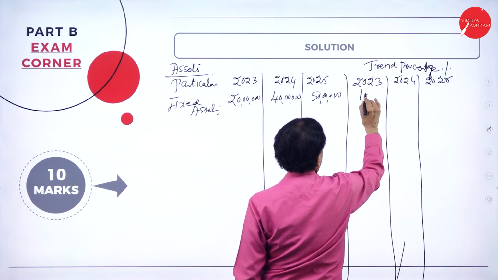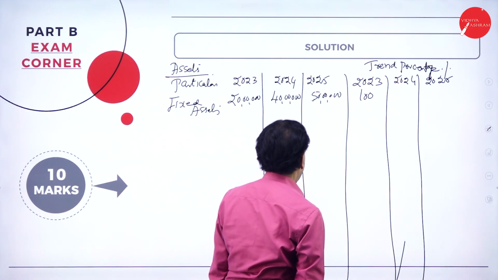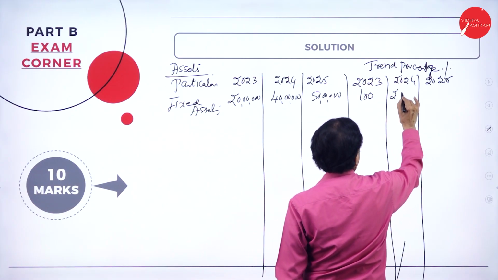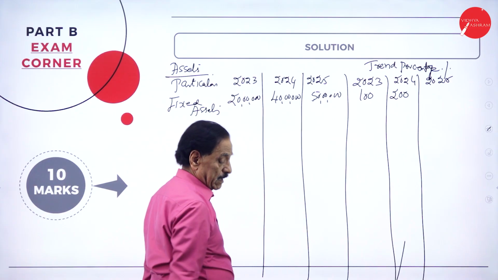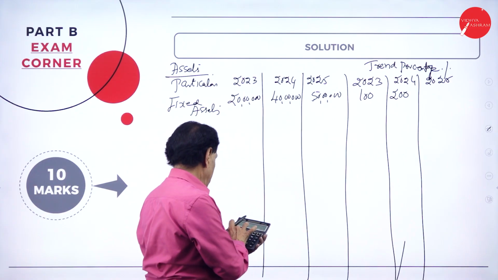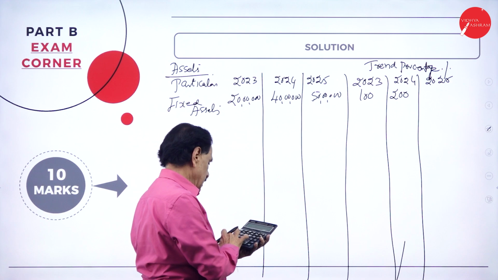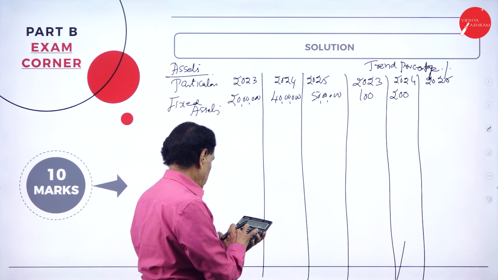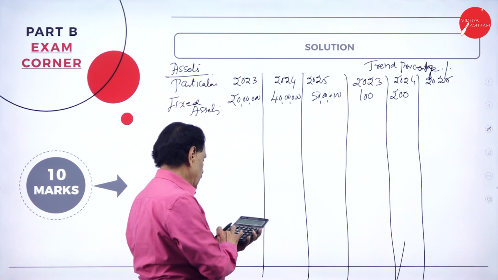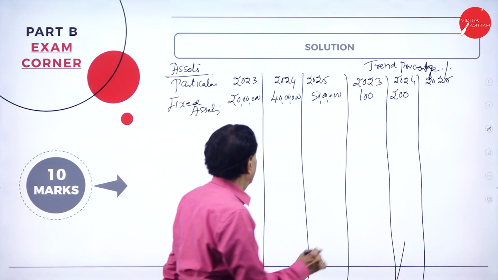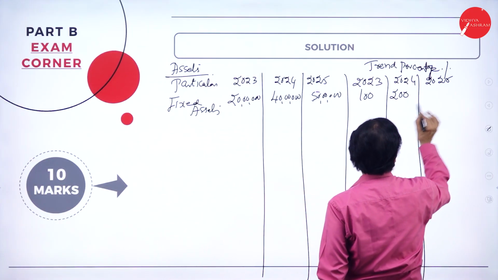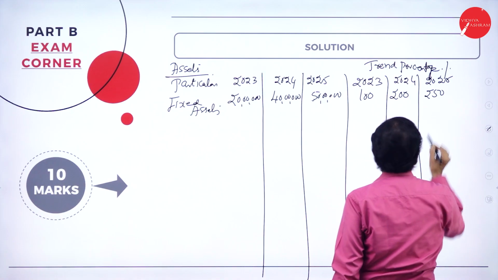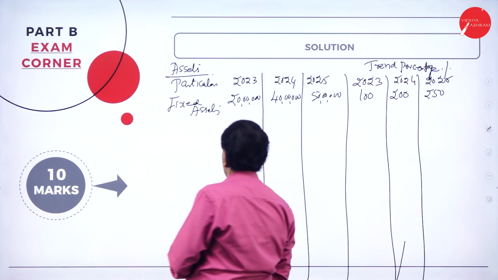This is 100, 40 lakh is 200, and 50 lakh divided by 20 into 100 is 250. This goes to fixed assets.